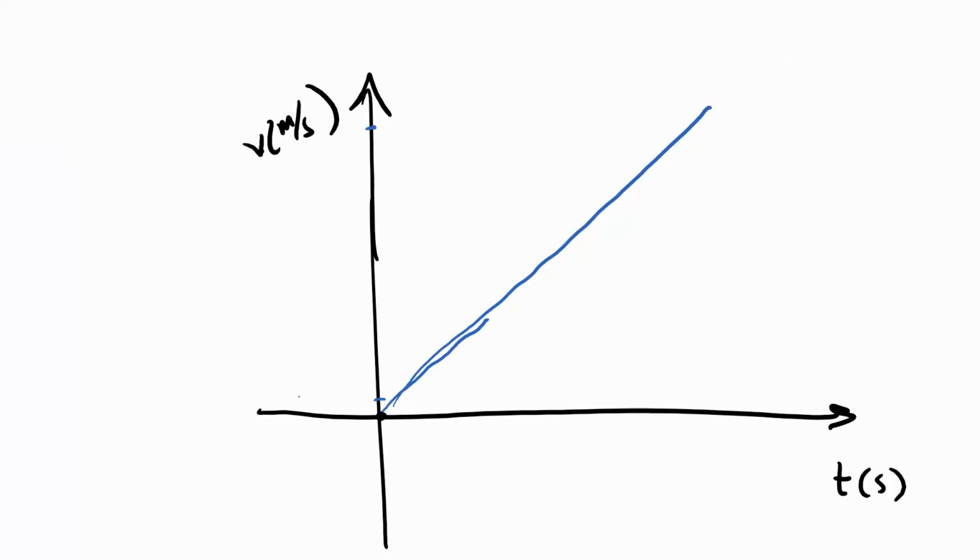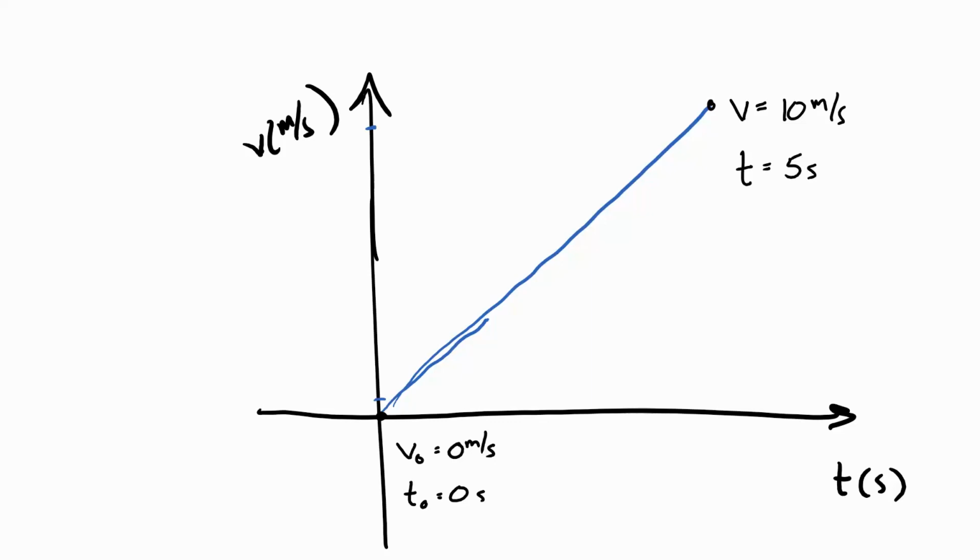I might say that this is starting at rest, so v naught, or v at time 0, is equal to 0 meters per second. t naught is equal to 0 seconds. This is often why we call things v naught, but not always. Naught means at the beginning. Let's say up here at the end, it is going 10 meters per second at some time 5 seconds.